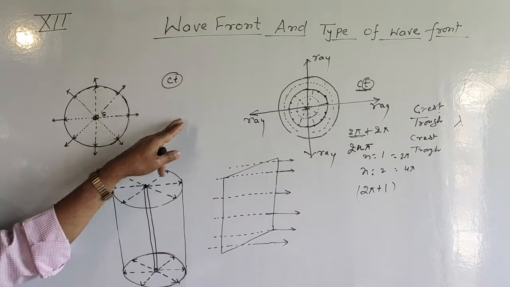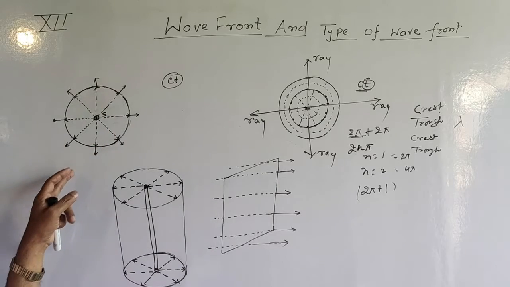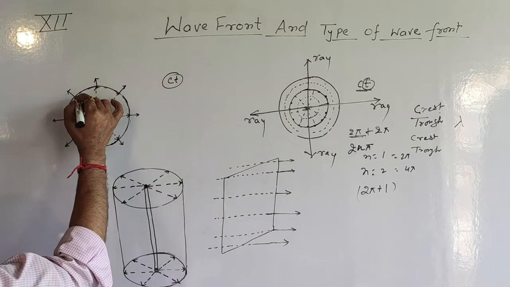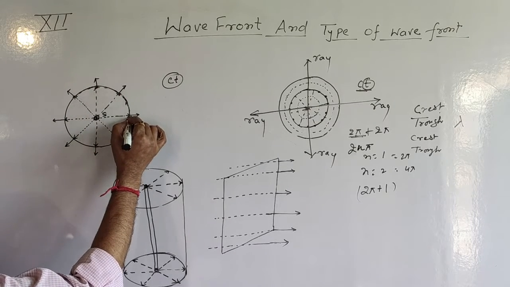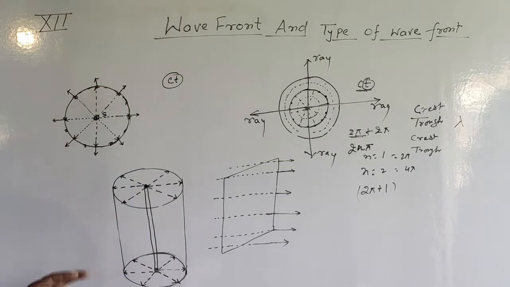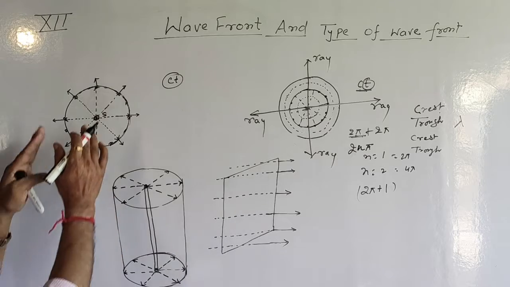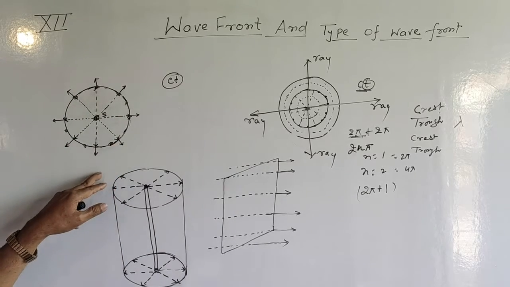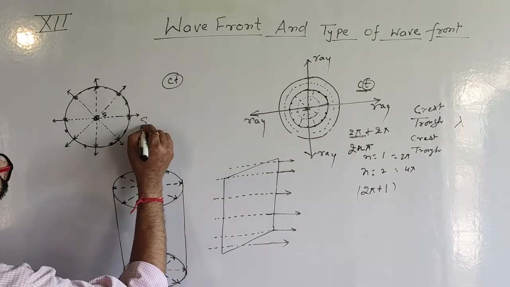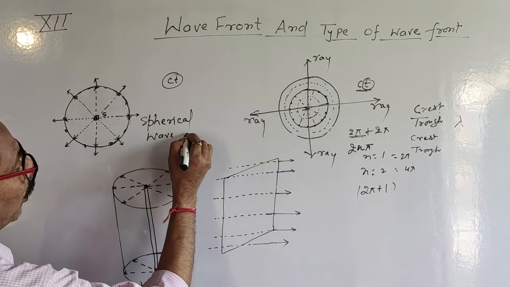Taking ct as the radius and the source as the center, we draw a sphere. The points on this sphere all lie on its surface, all vibrate in the same phase, and they advance. So when we look at these waves, they look spherical. This is called a spherical wavefront.